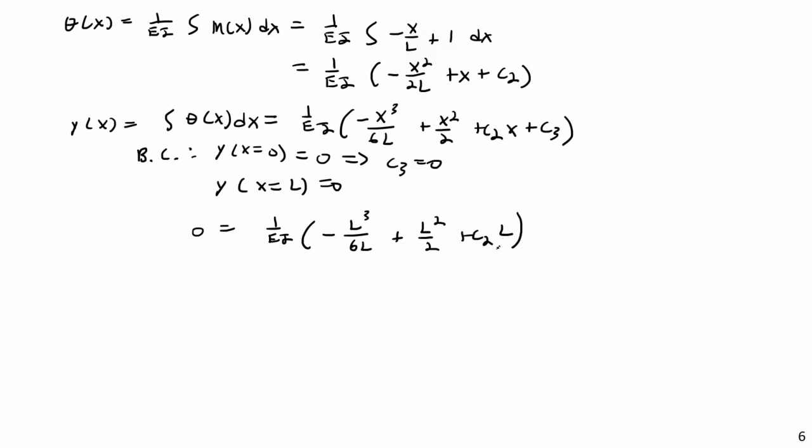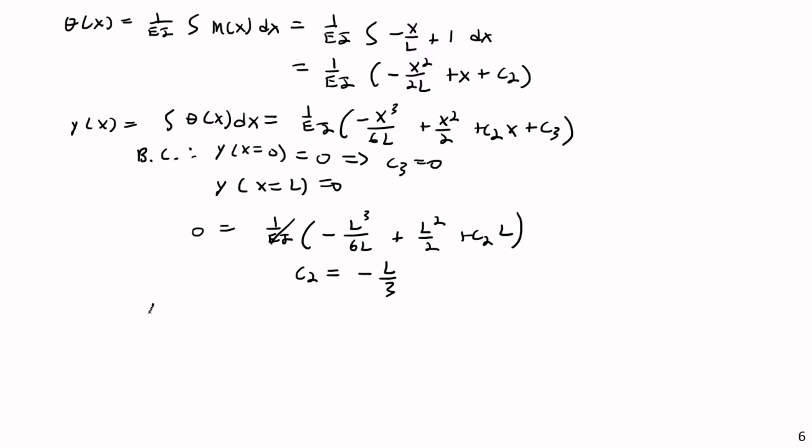And if you go ahead and solve for c2, and again this 1 over EI just goes away, you will find that c2 is equal to negative L over 3. And I could go ahead and list out the y as a function of x equation.